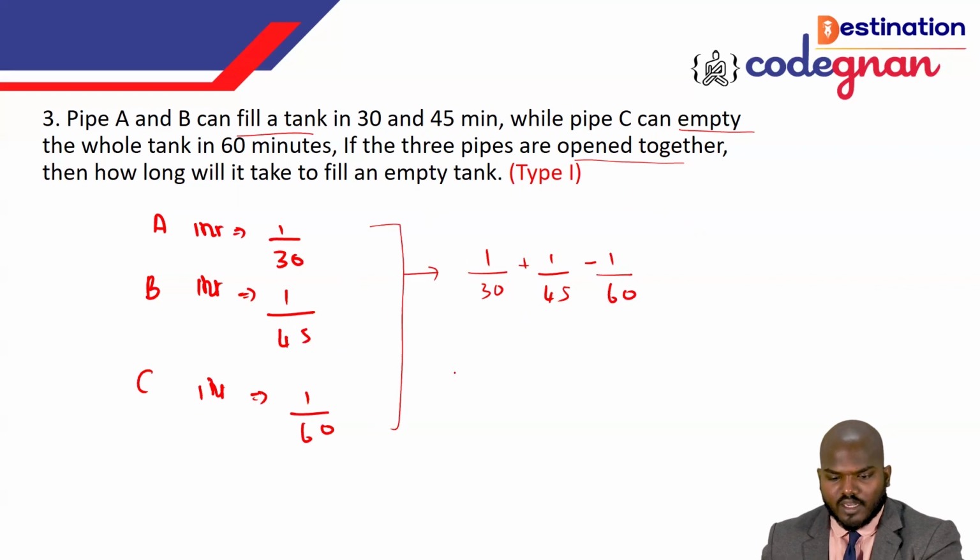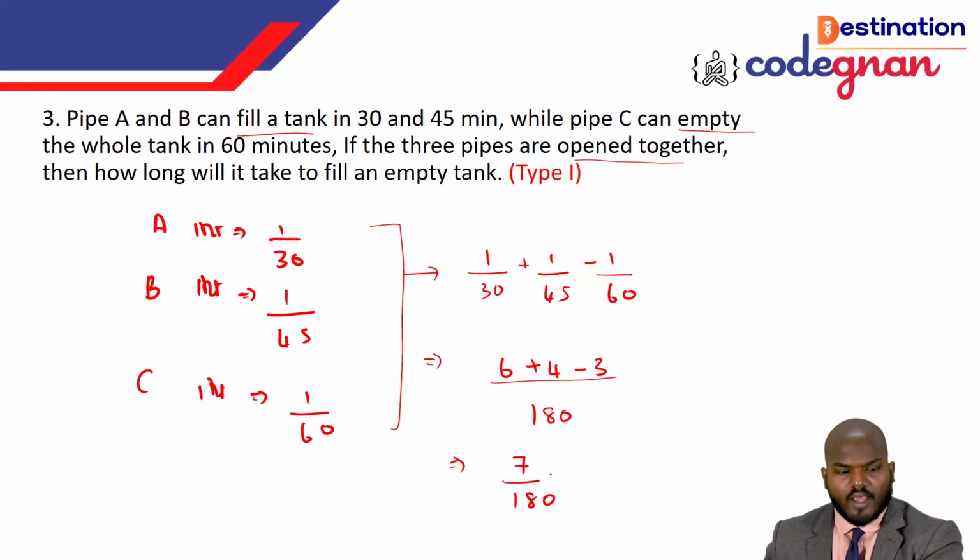If you see this, the LCM will definitely become 180. To get 180 here, I need to keep 6. To get 180 here, I need to multiply by 4. To get 180, I can keep 3. If I work it out, the value I get here is 7 by 180. So 7 by 180 is the value we get here.